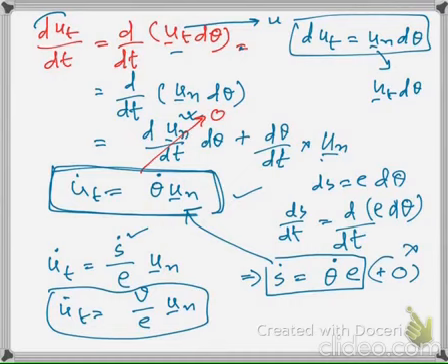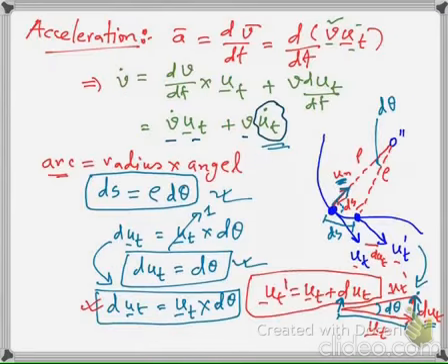If we substitute these equations into our original acceleration equation that we wrote here, we see the derivative of velocity, which is in the t direction, so it will be the acceleration component. This will be the normal component of the velocity, well, we have to put the value here.